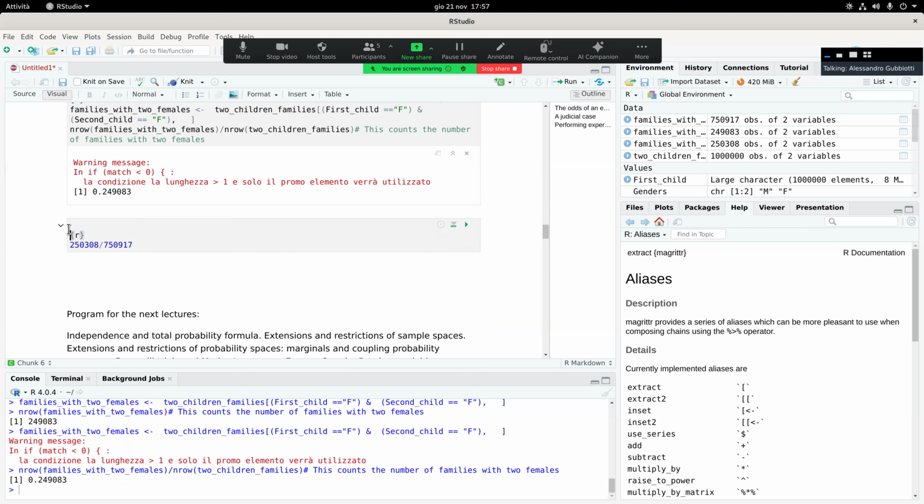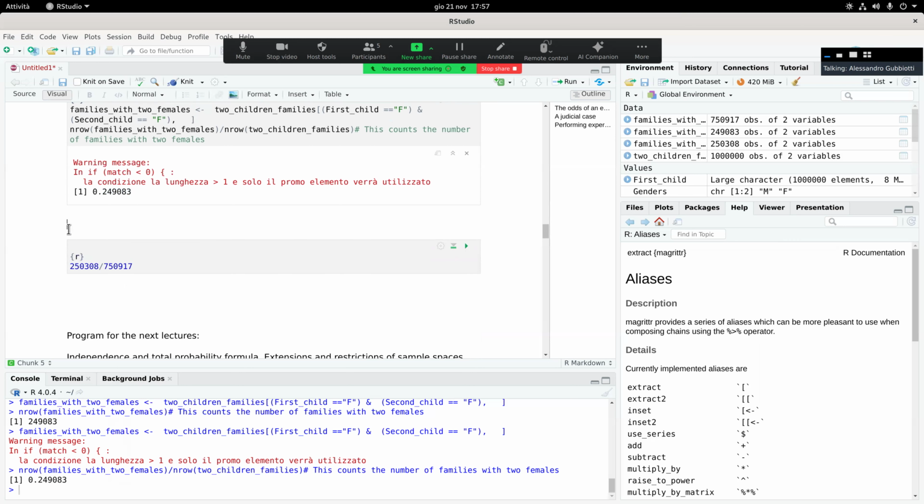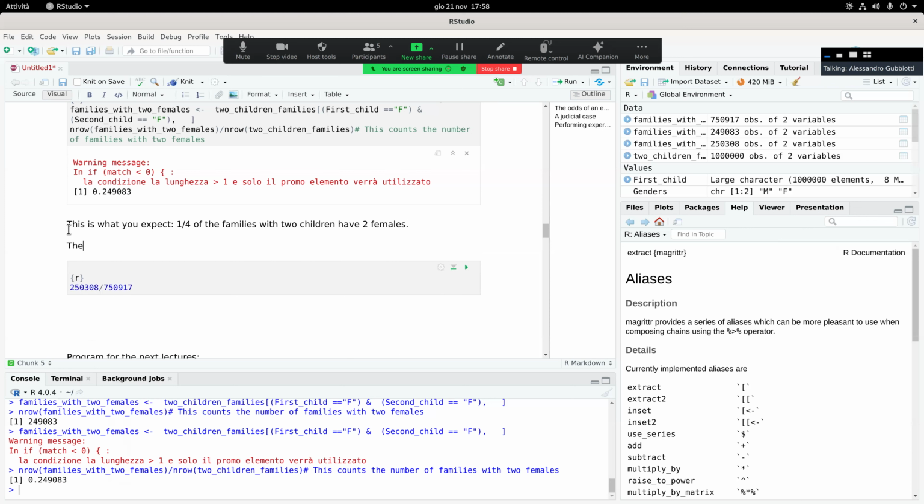So this is what to expect: 1/4 of the families with 2 children have 2 females. Now they tell you that they have at least 1 male.